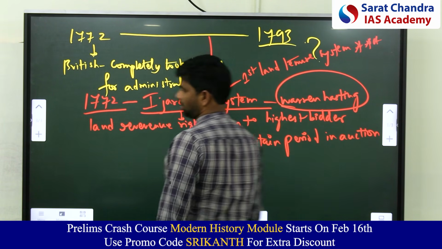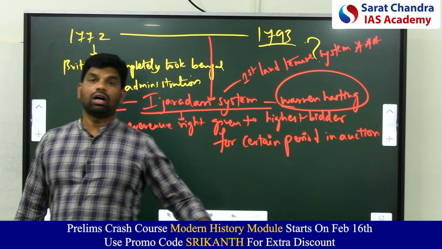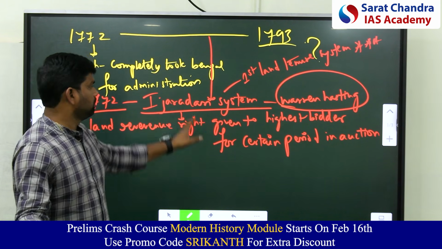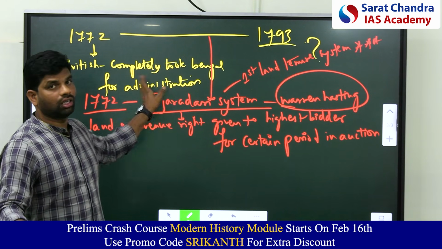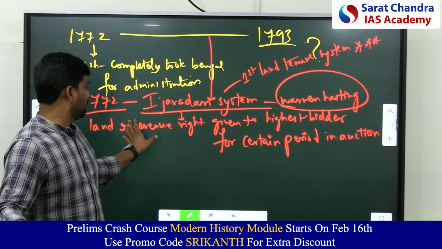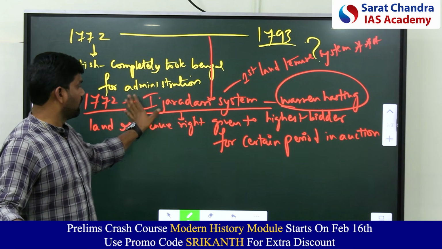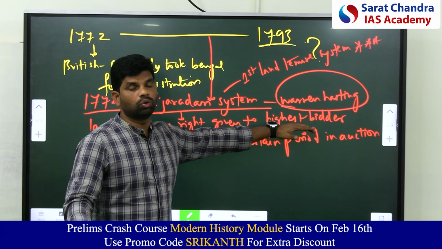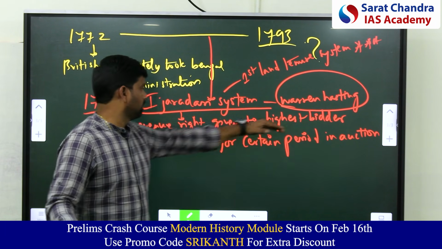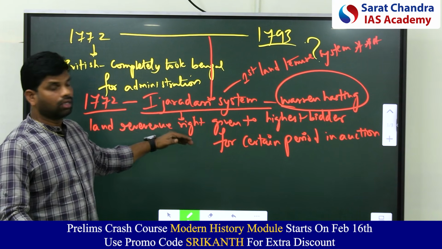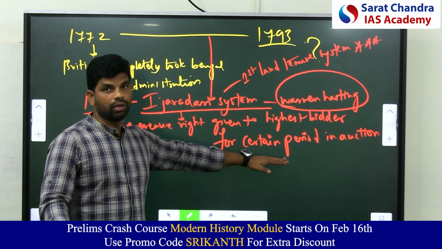What it means is that the Britishers allowed an auction, and the highest bidder, who quoted the highest money, would get the land revenue rights. And this was given for a certain period only.